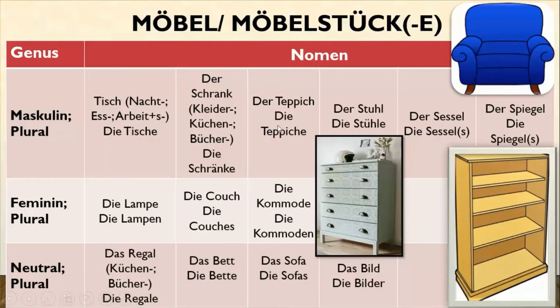Plural for these compound nouns would be, like for the individual noun, Schränke, Kleiderschränke, Küchenschränke, Bücherschränke.